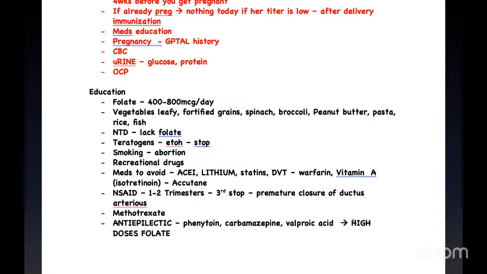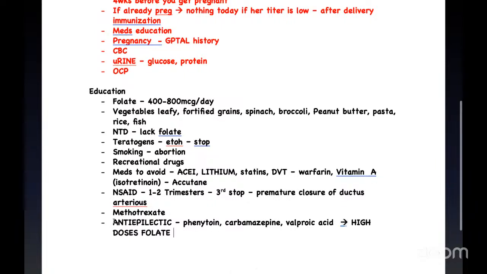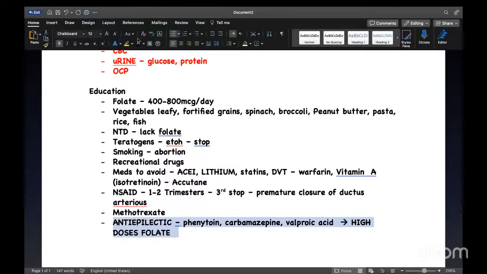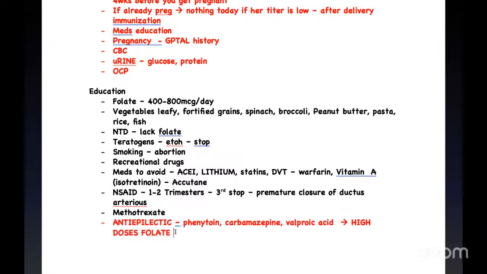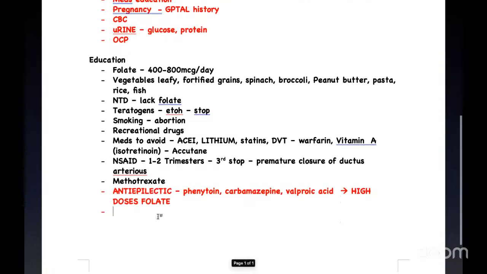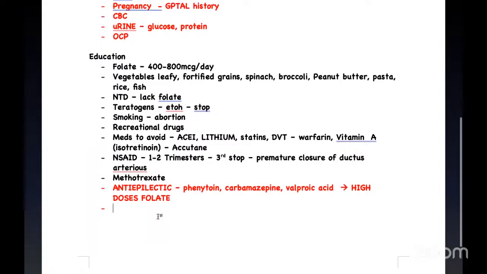But if they can stop it, then you can change it to another medication that doesn't cause problems. If you see a question like that, a pregnant lady taking an antiepileptic who cannot stop the medication, look for the answer that says high dose folate. You should give it to them because that will counteract the effect, because they can't stop the medication. Otherwise, they will have seizures and they are already pregnant. Well, we have to deal with it.